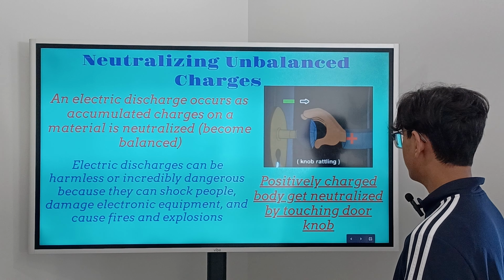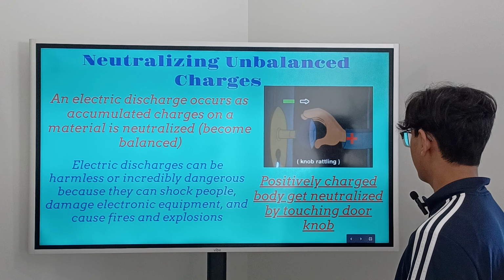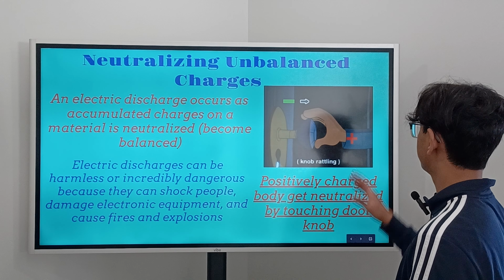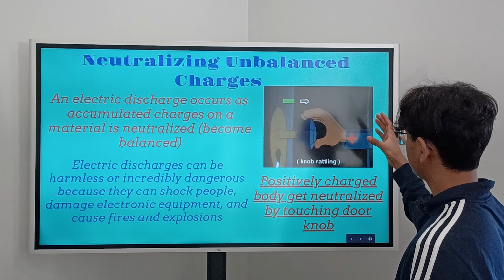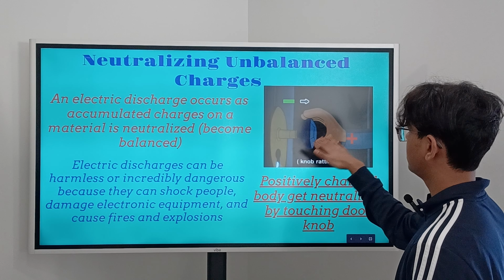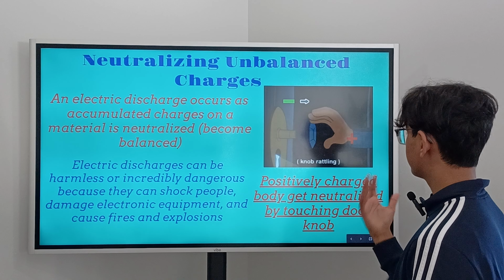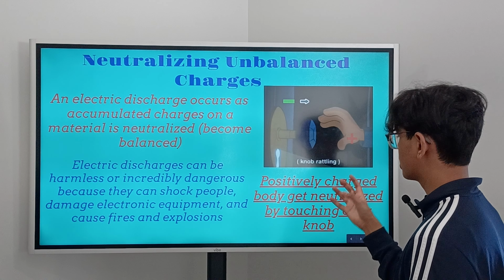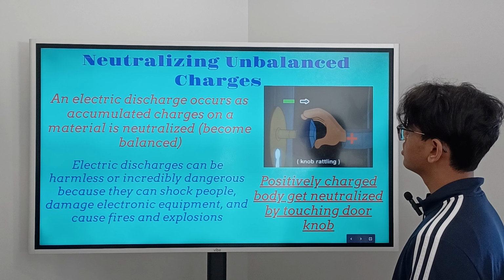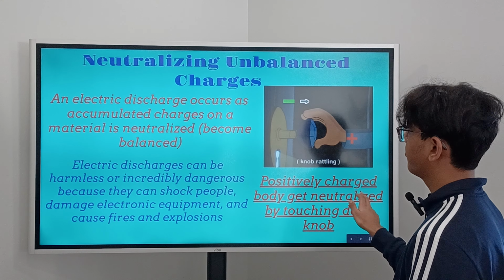Going back to this example, a positively charged body can get neutralized by touching the doorknob. Since you're positively charged and the doorknob is negatively charged, as soon as you touch it, it's going to neutralize the unbalanced charges. Then it's going to be equal on both sides, and that's why you feel the sudden electric shock.